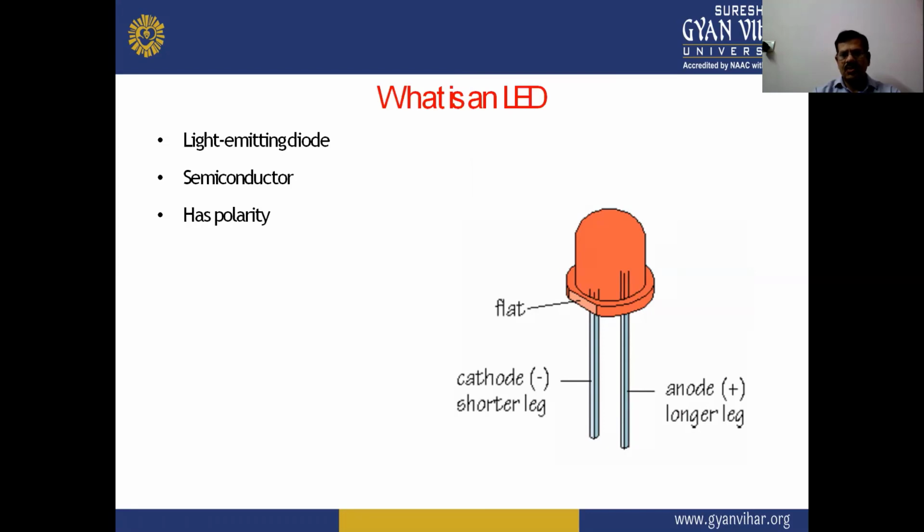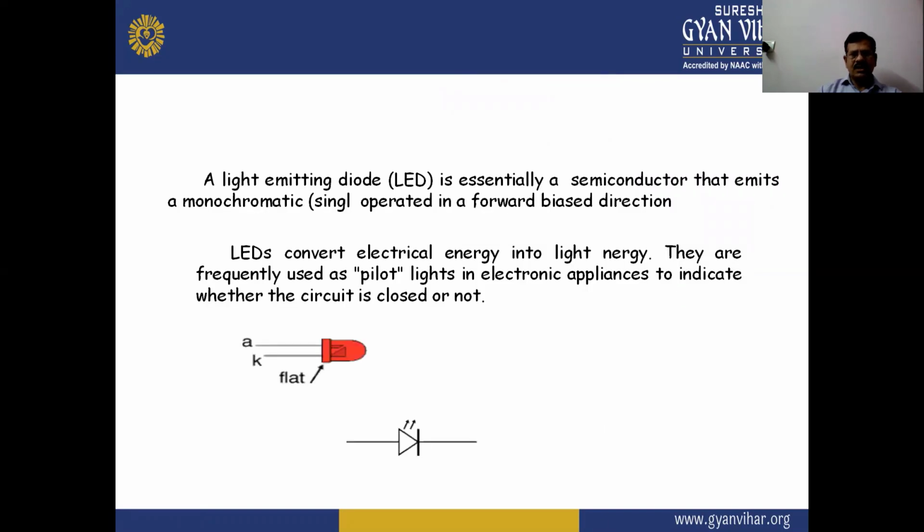One leg is shorter, that is the cathode or negative terminal, and one leg is longer, and that is the anode or positive terminal. So this is a two terminal semiconductor device, and it has polarity, negative and positive, in the form of terminals.